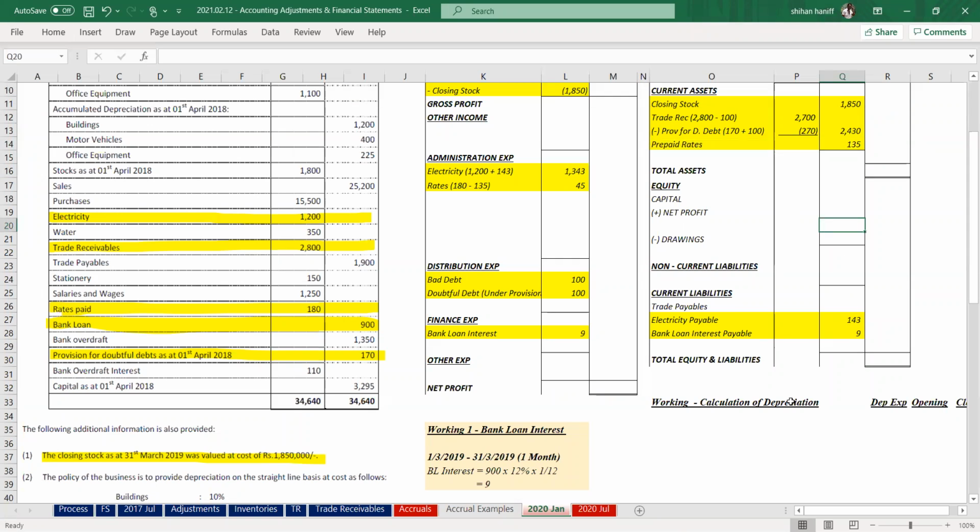Prepaid rates 135. Administration expense only 45, because even though we paid 180, 135 is for next year. 9 months is for next year, so only 3 months belongs to current year.